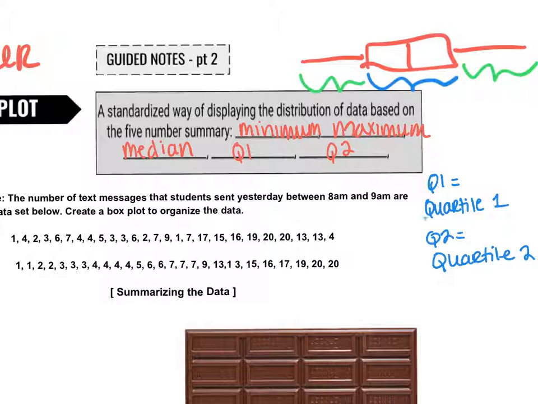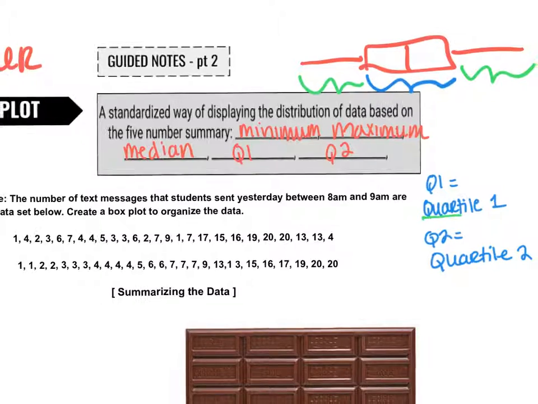Hopefully you see quart, like quarter, and so you know this is going to take our data and put it into 4 sections. I have a candy bar analogy that hopefully gives you a visual of how to create this box and whisker plot, this box plot.